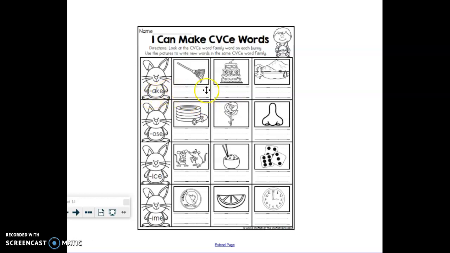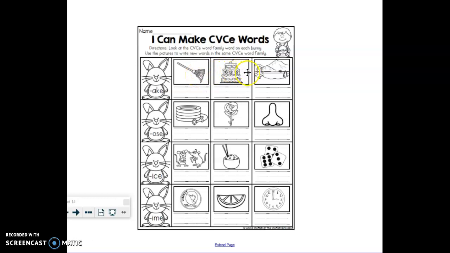In fact, all of the words in the first row all have a, k, e. So what would I add in front of a, k, e to make the word rake? An R. So I would write R, A, K, E to make the word rake.